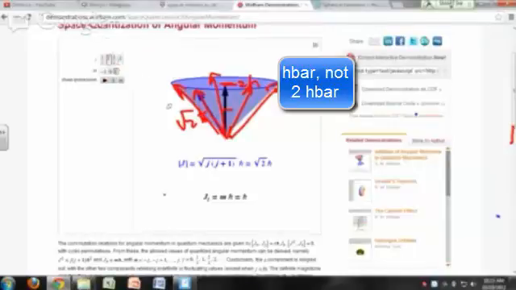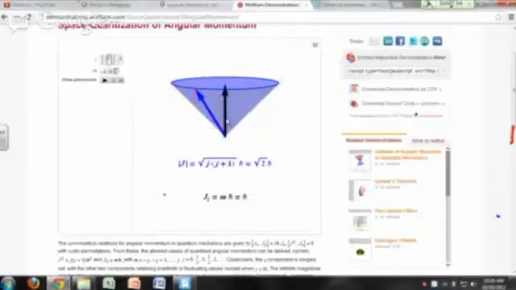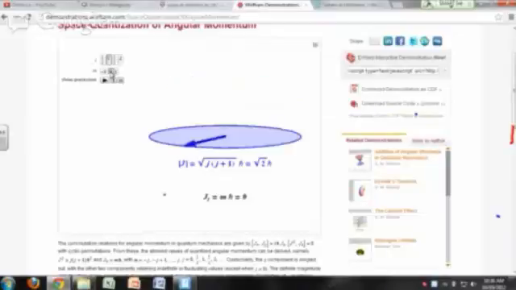And what if I do m equals 0? The z component is 0. And so again, the length here is square root of 2 h bar, and the component is 0.